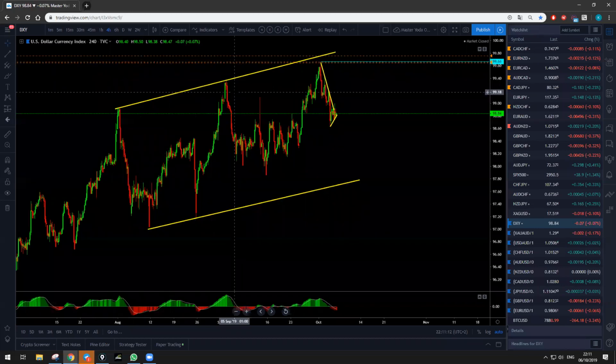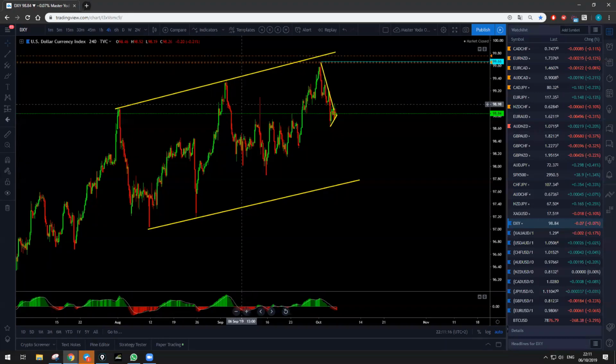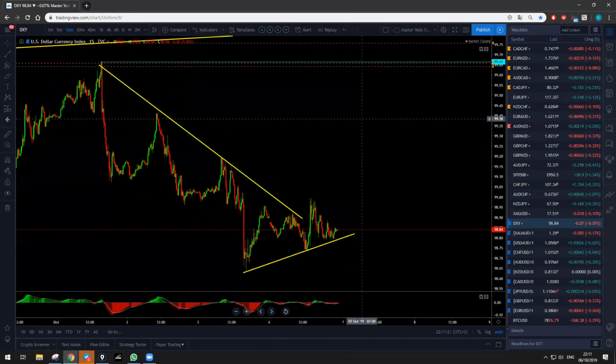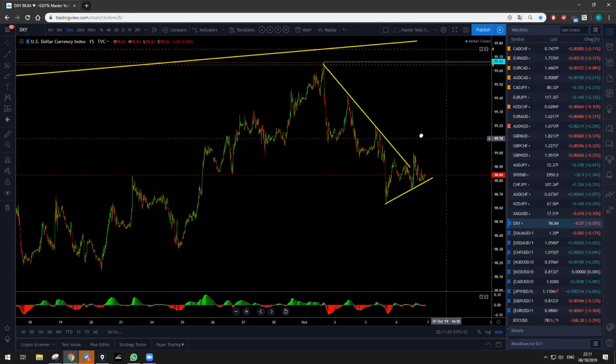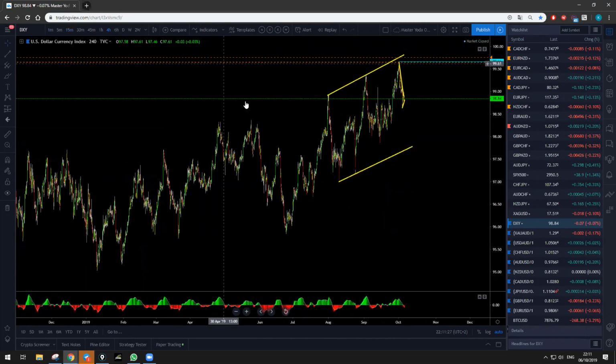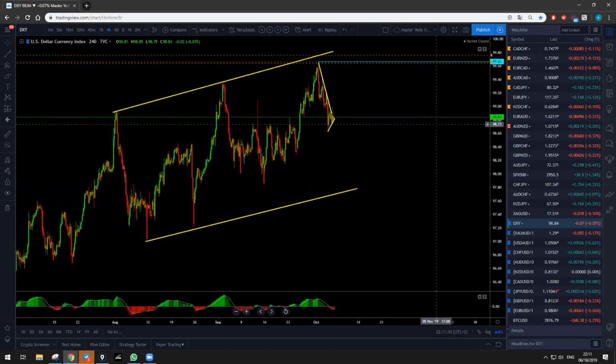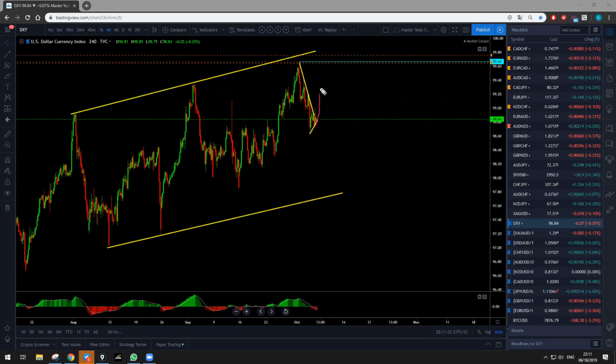This is the USD index, and on Friday we had NFP, and NFP actually didn't move the market. There was no move at all. What I do expect is that the dollar will make a new high.